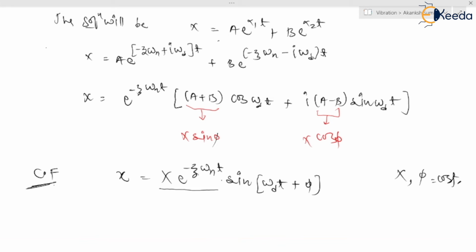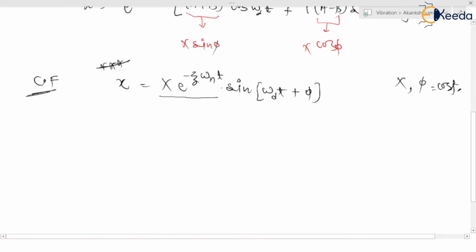And if you want to know the frequency of the vibrations, here is the equation. That's a very important equation. You must learn this. You must learn what is the frequency, because we are discussing the damped system. We are not discussing the natural vibratory system. This is the damped vibration system. So in the damped vibration system, vibration with the frequency, what is the frequency?